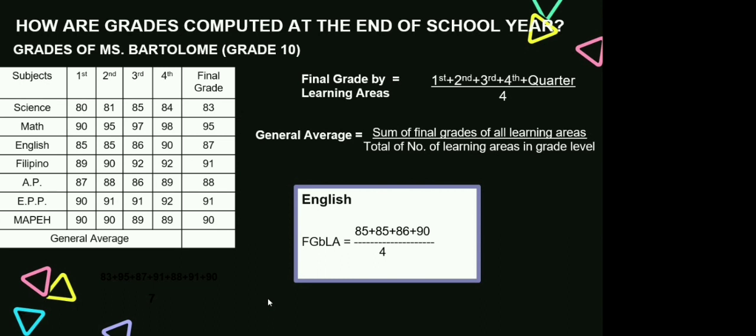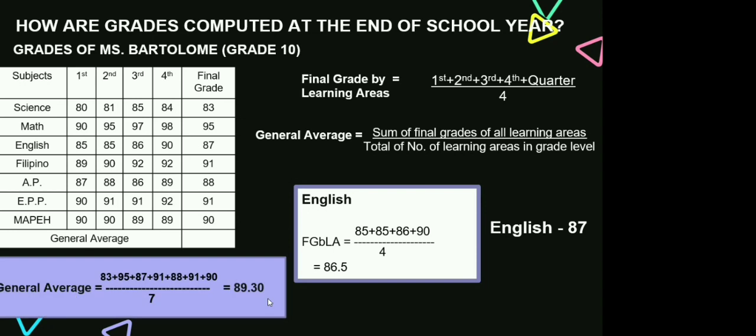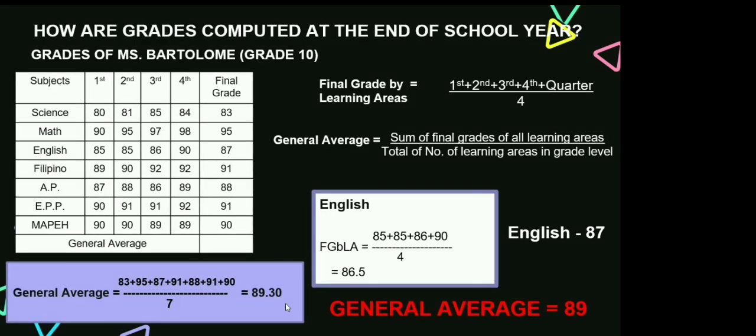So the final grade of Miss Bartolome in English is 87, because we also need to round it up. Once we apply this computation process in all these subjects, we can get the final grades in each learning area.